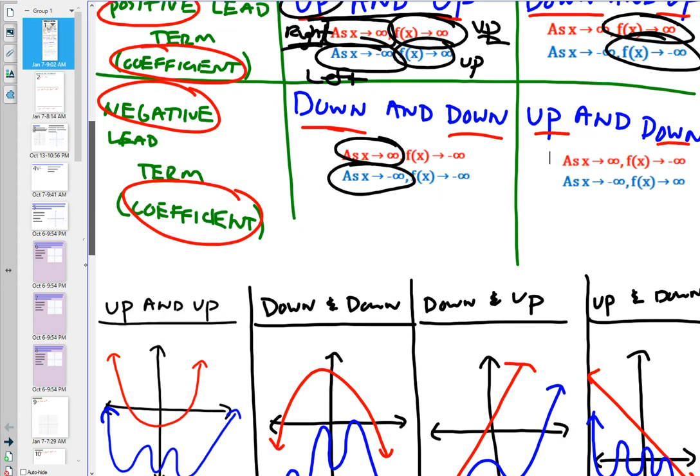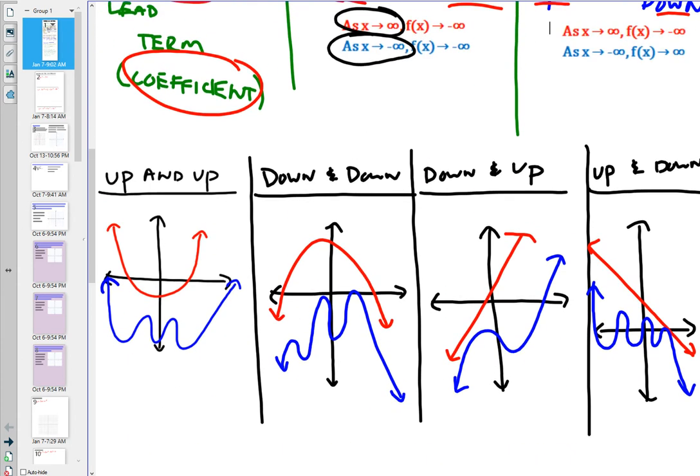Here are just various examples of different types of end behavior. In red, you see the function that you're probably most familiar with. I drew two parabolas. I also drew two lines. In blue, I drew other types of functions that exhibit the same end behavior, but the only difference is that they turn in between.